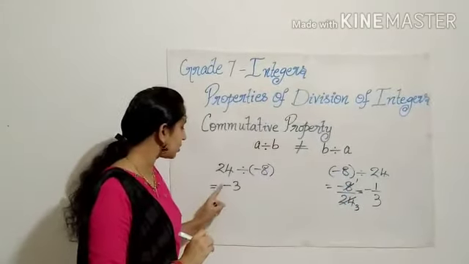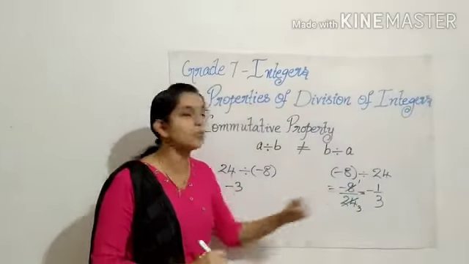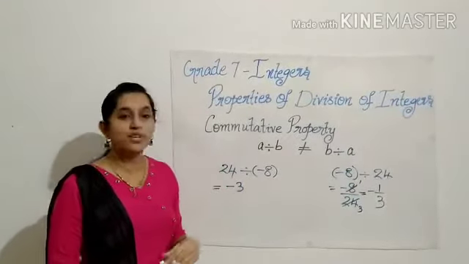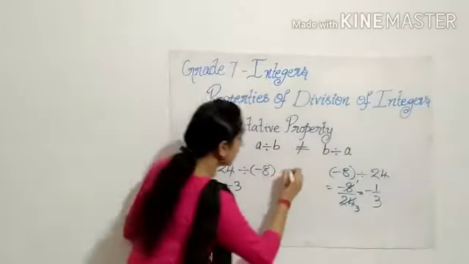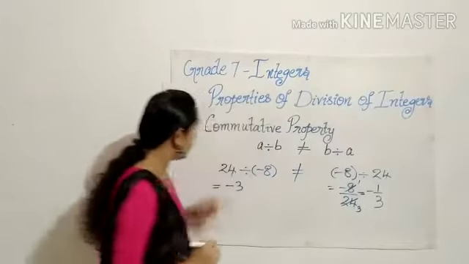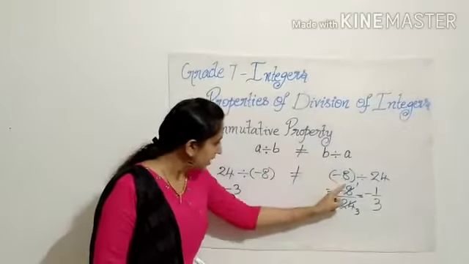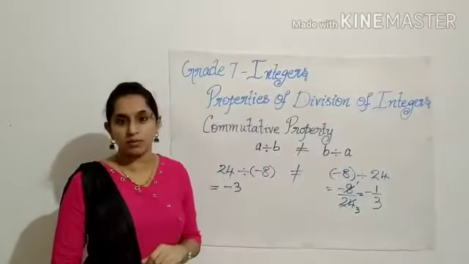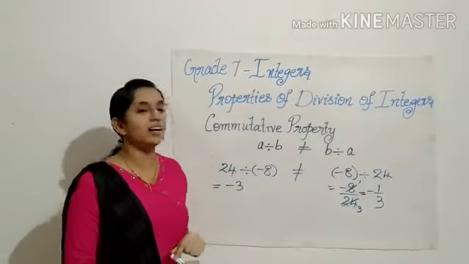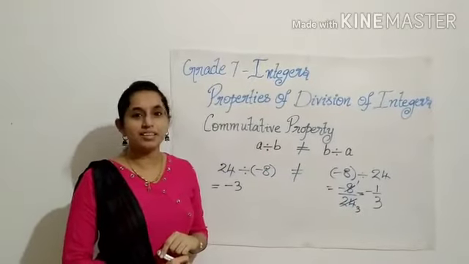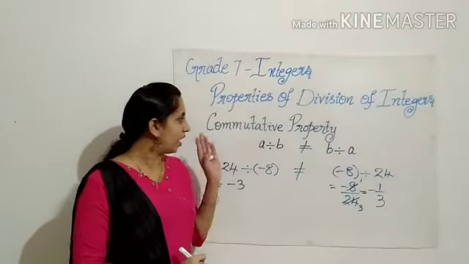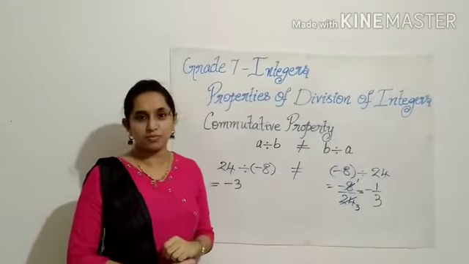The answer here was -3. Here it's -1/3. We got different answers, right? So what can we conclude here, children? 24 divided by -8 is not equal to -8 divided by 24. That means integers are not commutative under division. So I hope this property is clear to you.